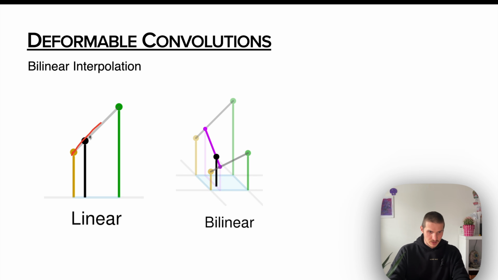In linear interpolation, where you just have 2 points, you just draw a line and then find the point that you're interested in. Then in bilinear, you have 4 points in a 2D grid, and your black point is somewhere in the middle, and then again you decide on the value for that one based on how close it is to all the neighboring pixels.